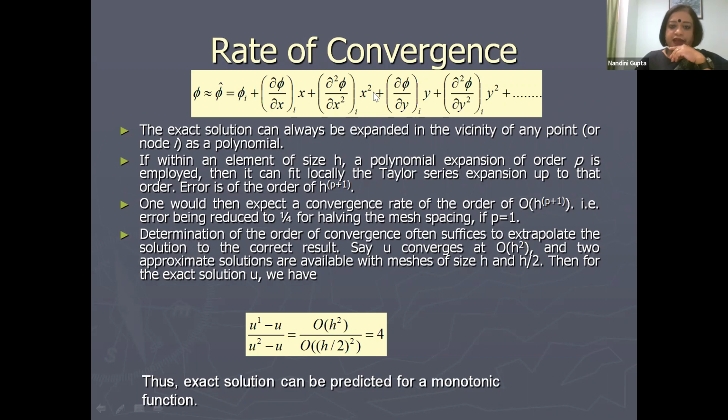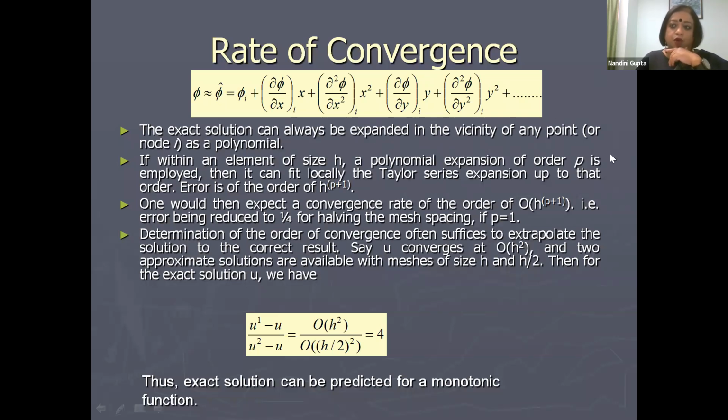So here you have x square, y square, and you have some coefficients. When you choose a second order element, you will choose a plus bx plus cx square, and so on and so forth. These coefficients you will try to obtain by whatever means we have discussed. But the terms that you have not considered, you cannot fit.